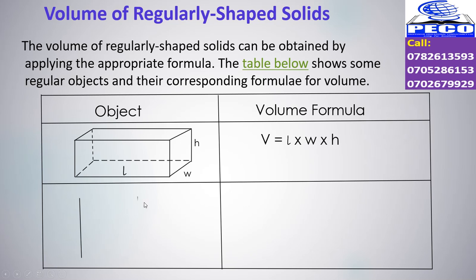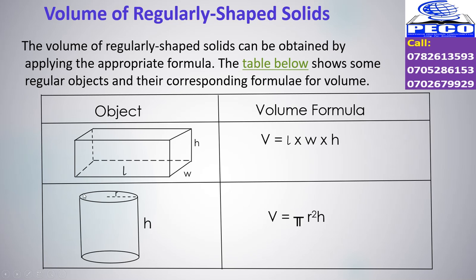And let's also look at something different, which is cylindrical. How do you get the volume of a cylinder? Now the cylinder has a circular surface of radius R and has a height H if it is vertical, but if it is horizontal, then this H can be taken to be the length, and we shall take that to be L. So the formula is given by pi r squared H. V is equal to pi r squared H. Now this formula of pi r squared is the area of the circle.